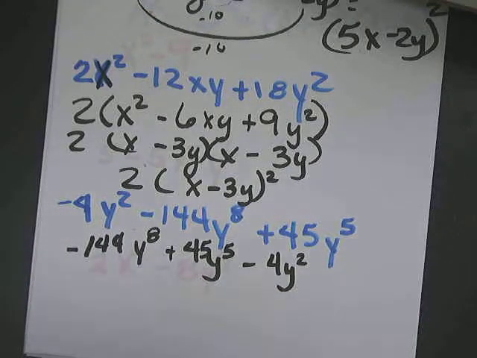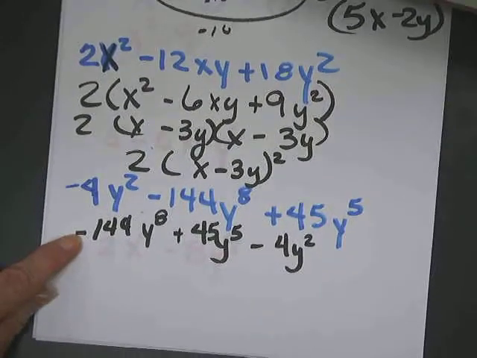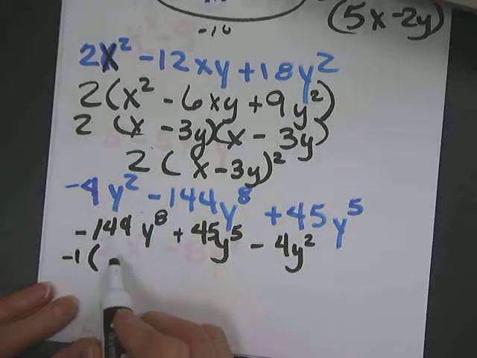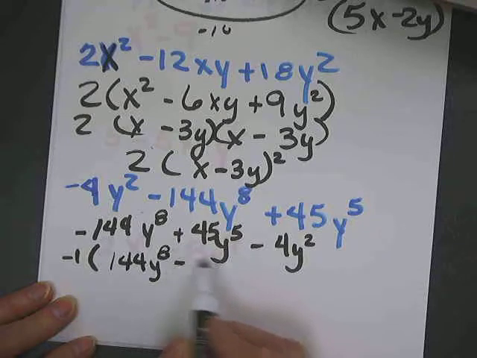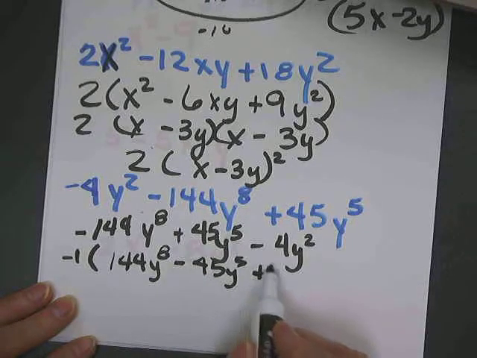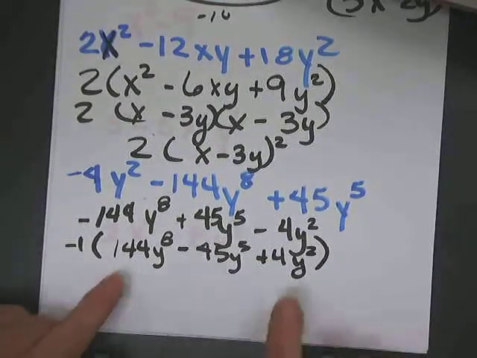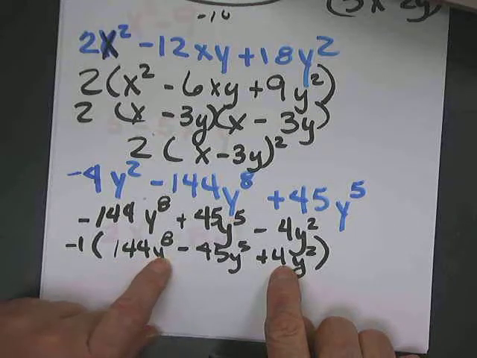That's the next biggest one, and then minus. Do we like having a negative out here? No. First term should be positive. Let's factor out the negative 1. We have 144, y to the 8th, and we'll change the sign. And change the sign.